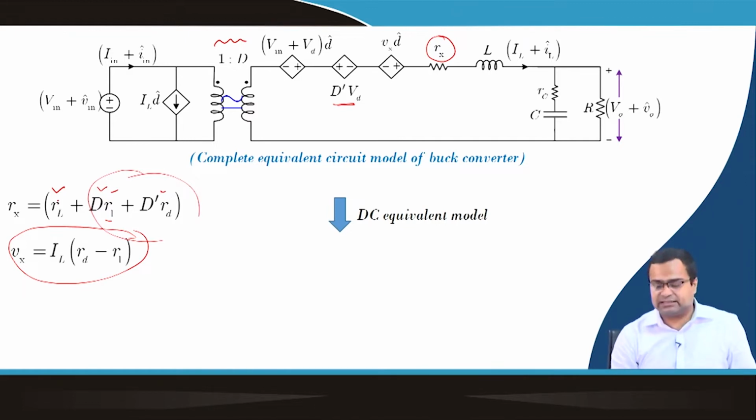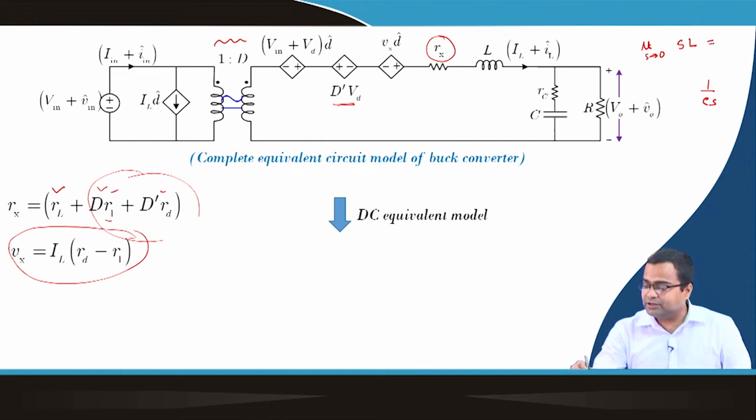In order to obtain the DC equivalent circuit from this model, it is very easy because we know the DC model. For the inductor the impedance is sL, for the capacitor it is 1 by Cs. If the limit s tends to 0, that means we are operating at very low frequency, the inductor impedance will become 0, and for the capacitor it will become infinity.